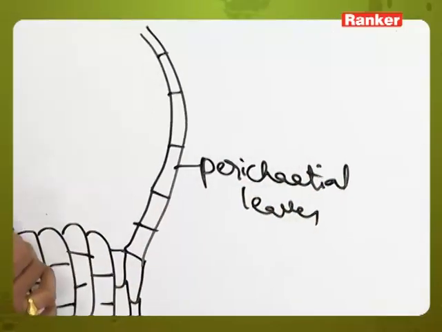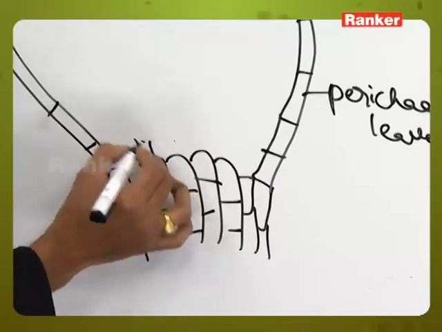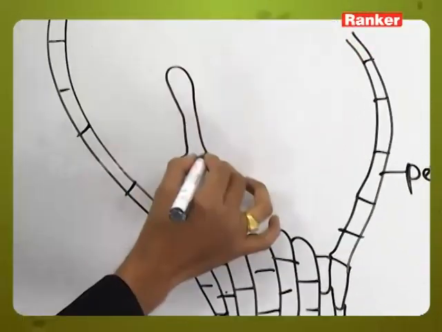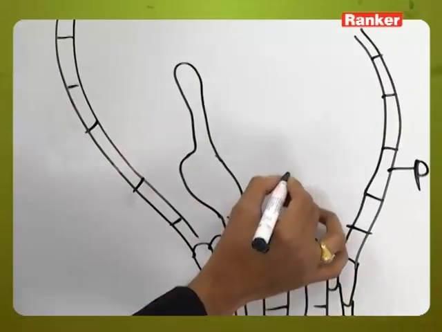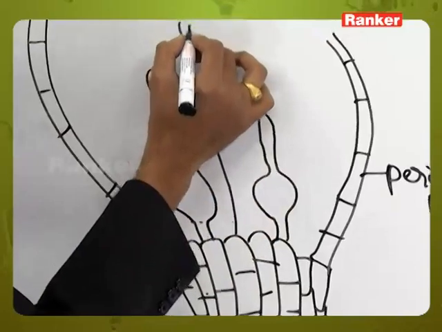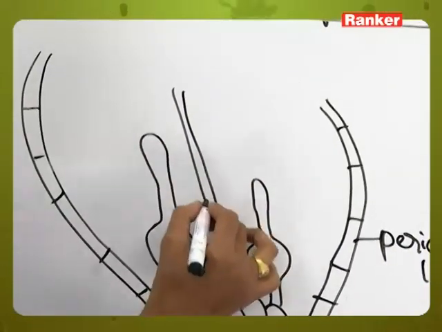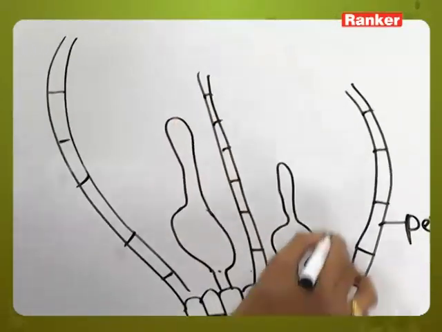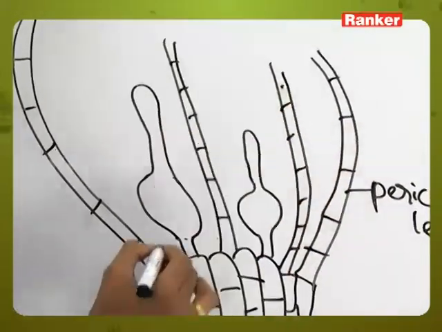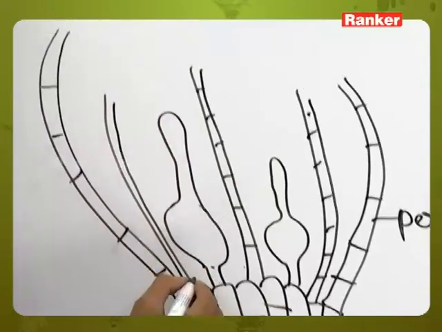And in the center they have the sex organs, that is archegonia. So here also archegonia of different developmental stages can be seen. Along with that we can see some sterile hairs which are green and photosynthetic, which do not participate directly in the reproductive process, and these are called paraphyses.